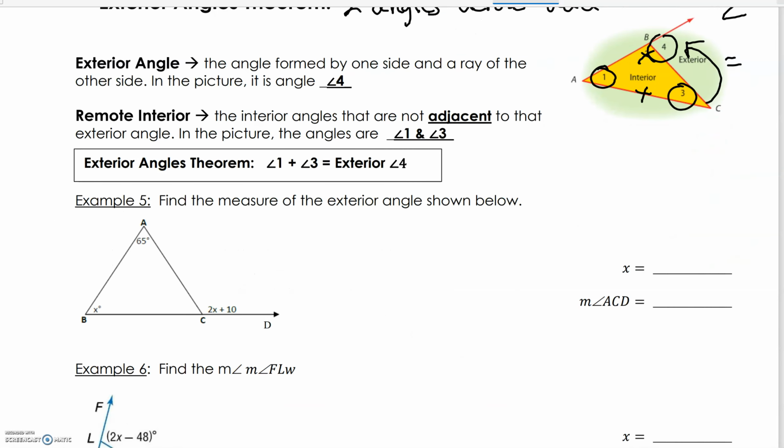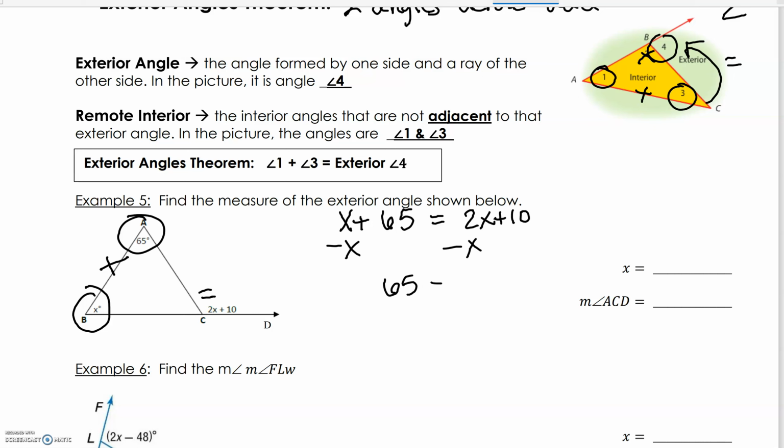So let's see here. B and A are going to add to equal my exterior angle. So x plus 65 equals 2x plus 10. And then we solve. And subtract 10. So x equals 55, and then it asks for ACD.